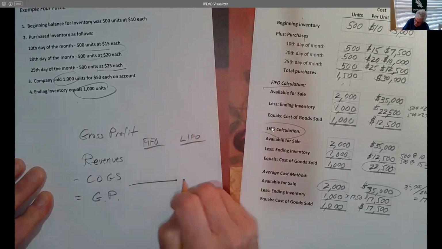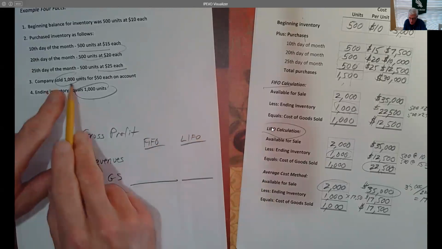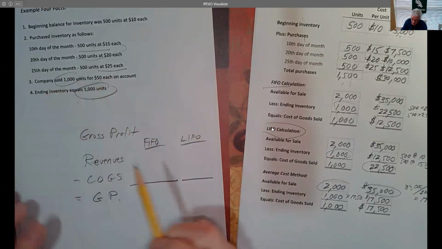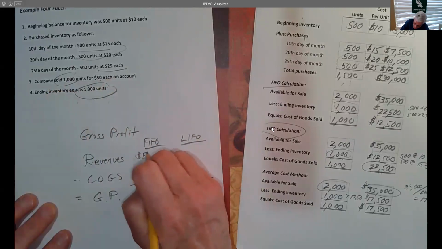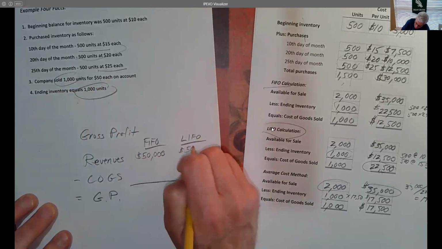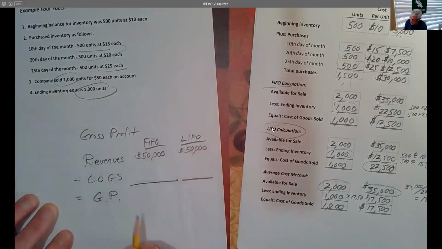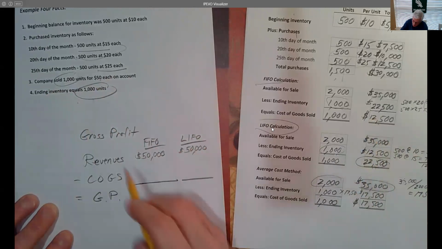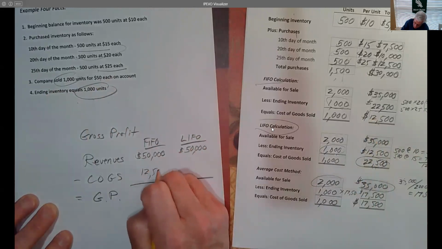I'll skip the average cost just in the interest of time. We sold 1,000 units times $50 each. So our revenues on our income statement are going to be $50,000, both under LIFO and FIFO. My cost of goods sold, I come back over here under FIFO, is $12,500.